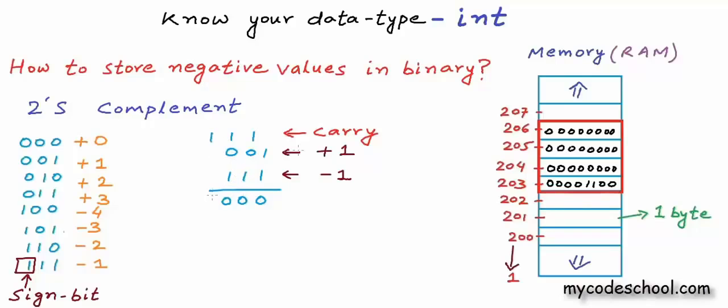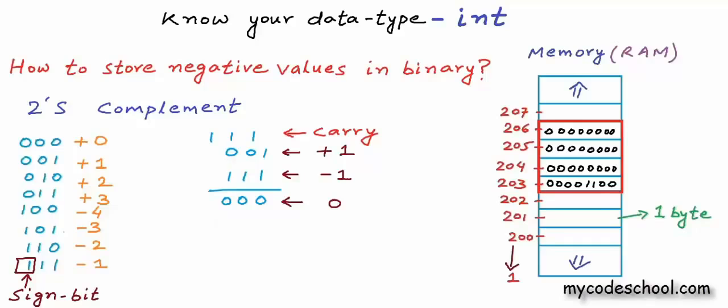So the actual result would be 1, 0, 0, 0, but because we are storing the numbers in 3 bits only, we do not have space for the 4th bit, so this leftmost 1 goes into overflow. And if we are keeping only the 3 zeros, then our result is 0 as expected.